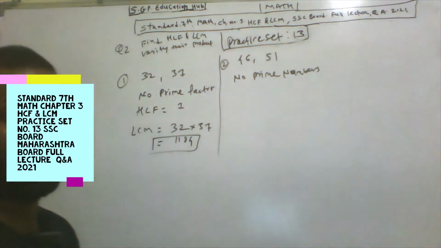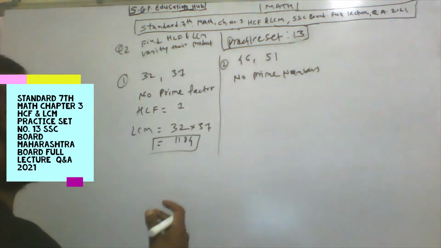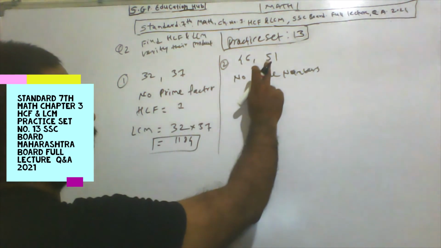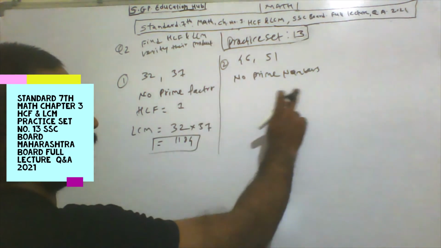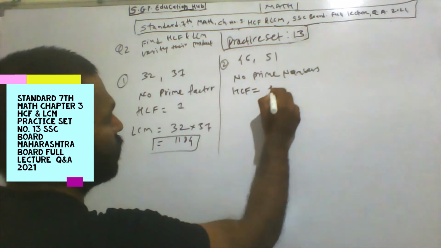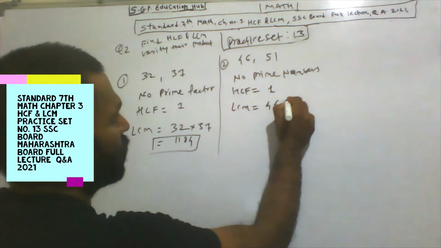Is there any divisor for that number? Divisor means factor. 46 and 51 have no common prime factor, so the GCF is 1, and the LCM is the product of the numbers, 46 into 51.